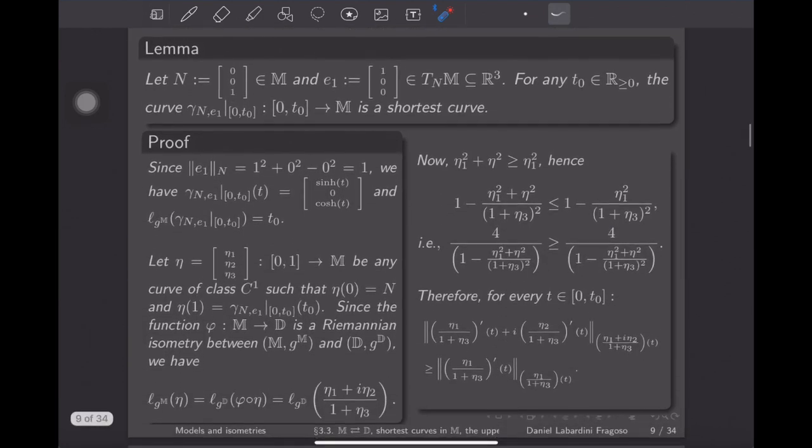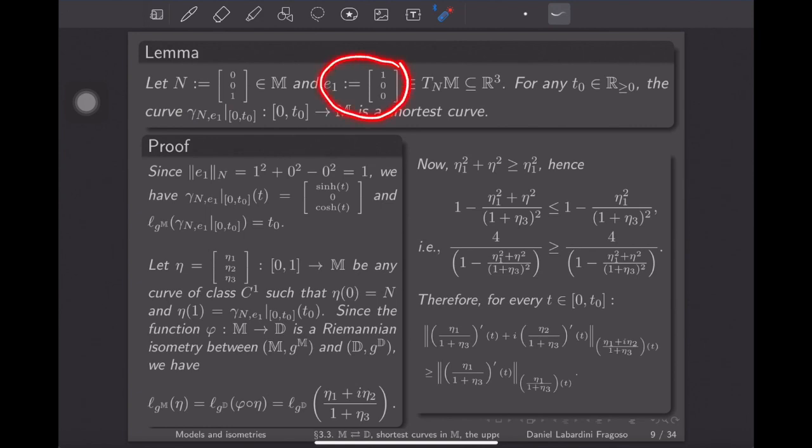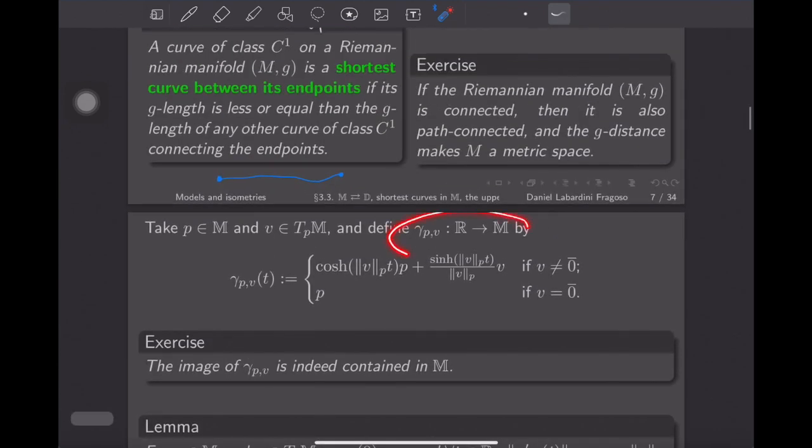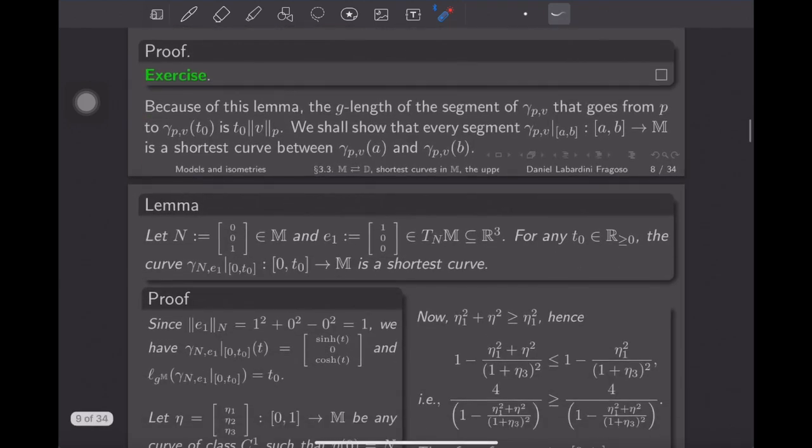Okay, right, and now that's the lemma. Well, not yet. The lemma is that if I take this special initial point and this special initial tangent vector, then the corresponding curve for these special choices is a shortest curve.